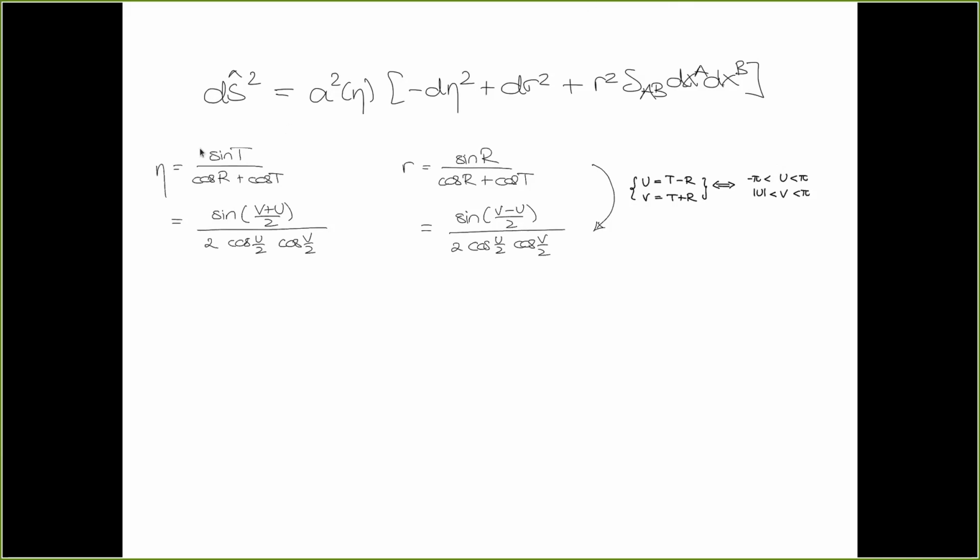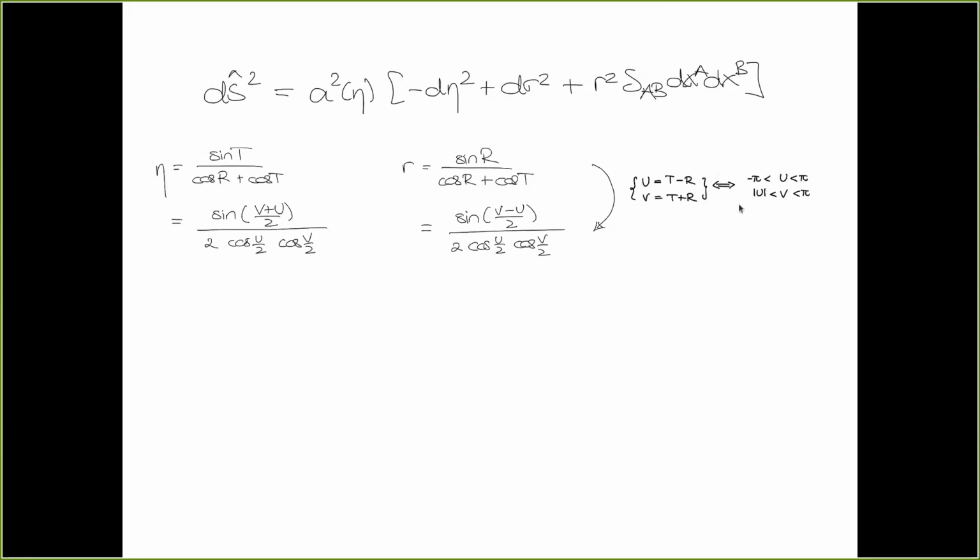So you introduce some new coordinates, in particular u and v, which are compactified. u ranges from -pi to pi, and v is always larger than the absolute value of u, up to pi.